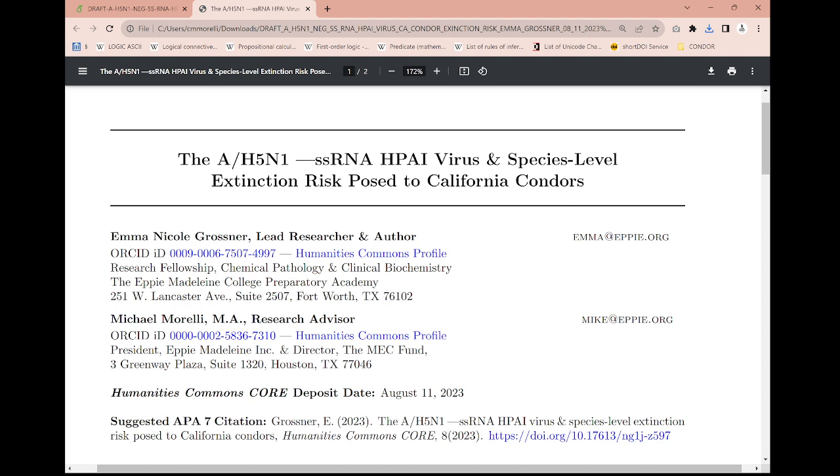In birds, there are 16 types of hemagglutinin and I believe 11 of neuraminidase. I'm going to double check that. Let's see. 16 and 9, rather, sorry. 16 hemagglutinin and 9 neuraminidase.